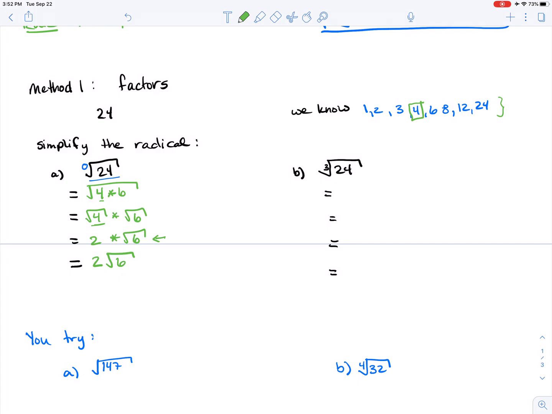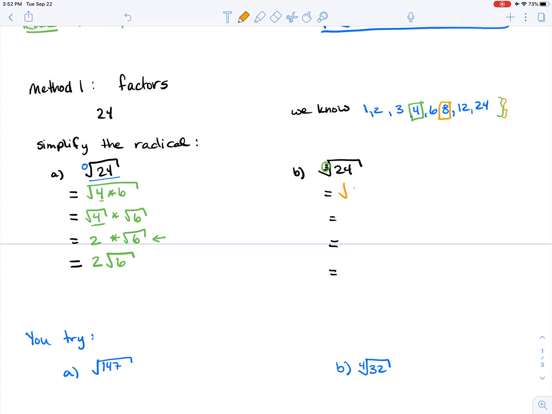Now let's look at example B. Here we have an index of 3, so that means we are looking for a perfect cube. So where in our factors is a perfect cube? Well, we see 8. 8 is a perfect cube.